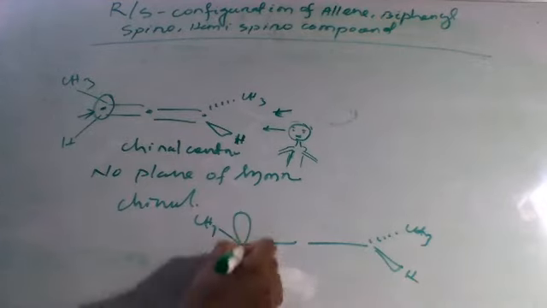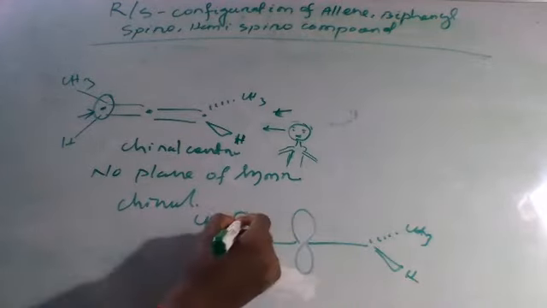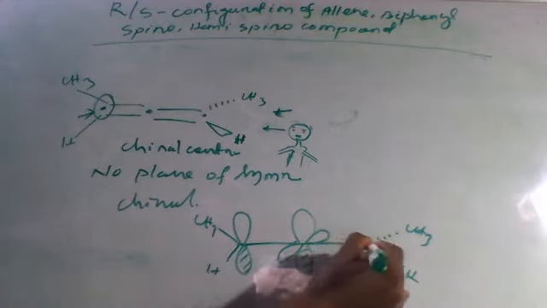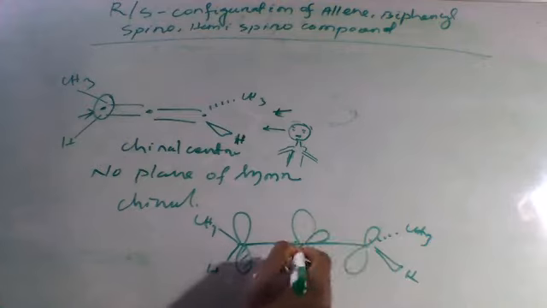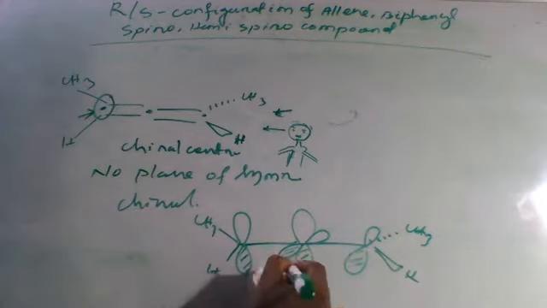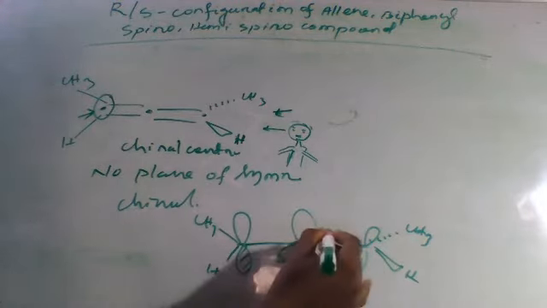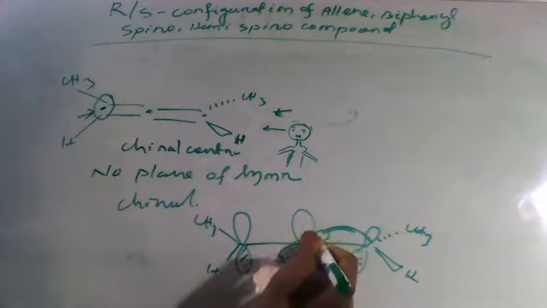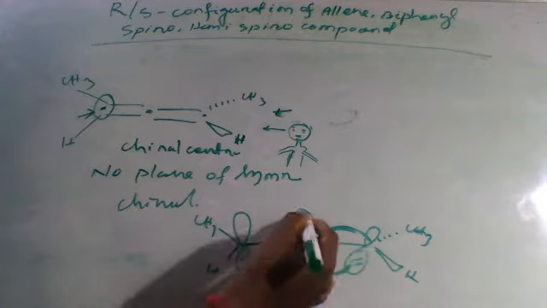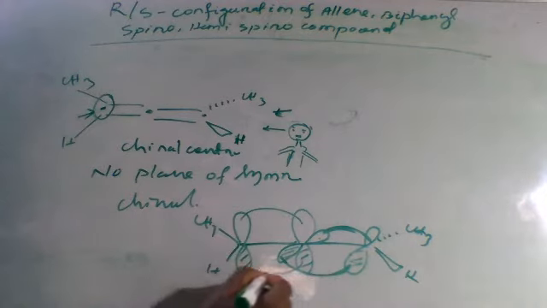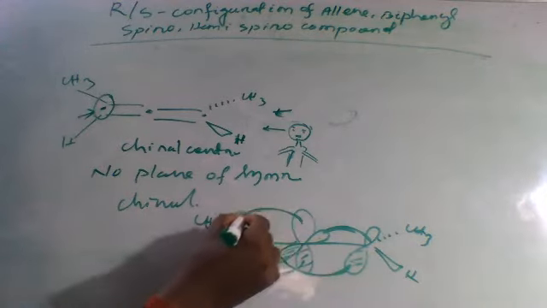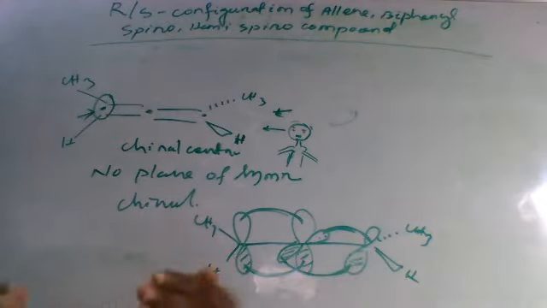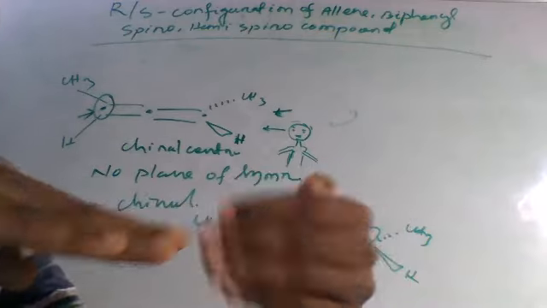You are seeing these two orbitals, this orbital is perpendicular to this orbital, and this orbital is perpendicular to this orbital. Hence, the two pi bonds are like this.